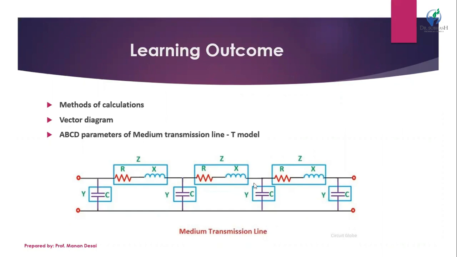So students, this is a medium transmission line where C is connected in the middle of the line, and there are multiple capacitance effects that affect the transmission line thoroughly, so we cannot neglect them, and we have to calculate them as a lumped parameter.